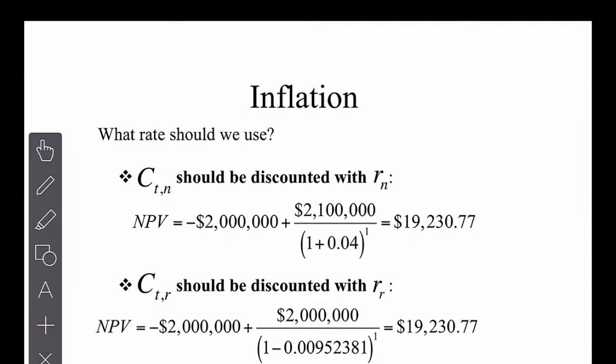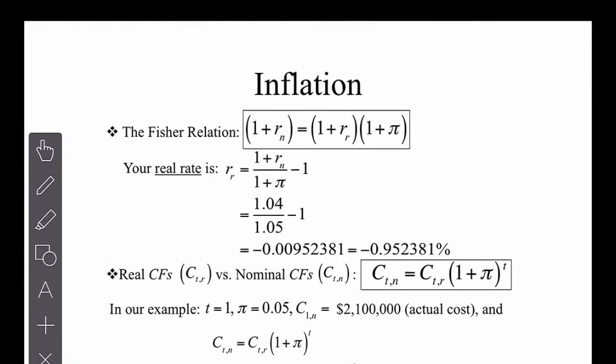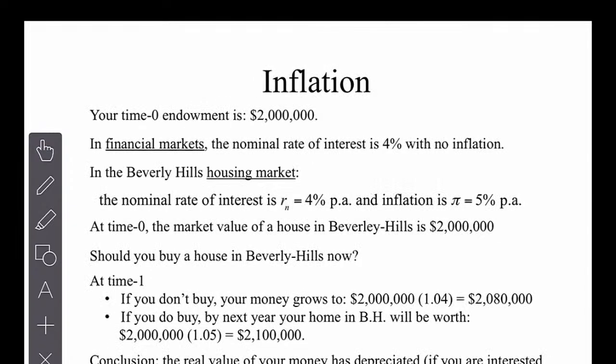Okay, sorry, I'm just seeing where my formula is. So here are the two formulas I showed you: the Fisher relation, the relationship between nominal and real rates when there's inflation, and then the relationship between nominal and real dollars when there's inflation. So you've seen those two. Let's look at my example.